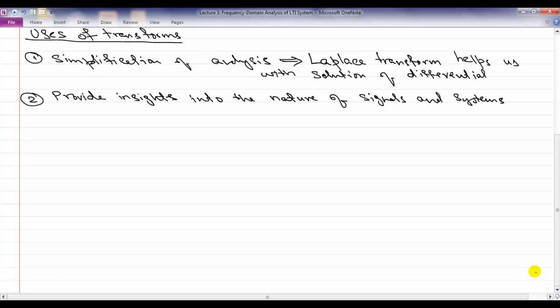Right? So in the case of LTI systems, signals are given in terms of time. We have signals which are functions of time. We have outputs which are functions of time. And we have LTI systems which are described as this impulse response, which is again a function of time.